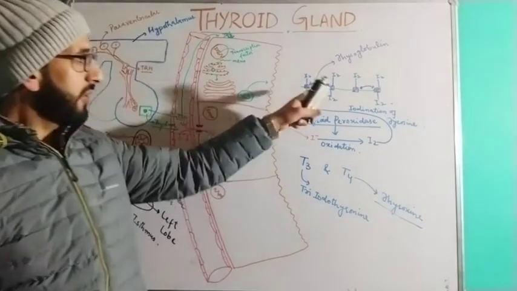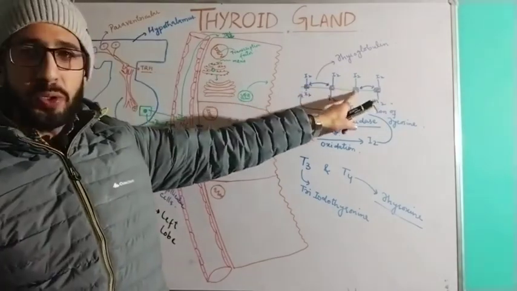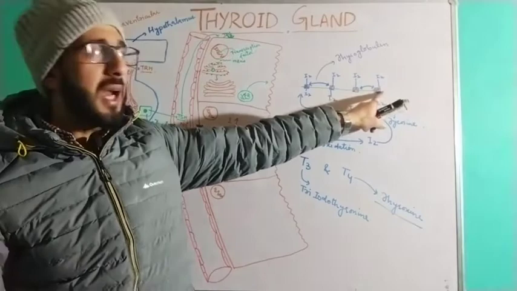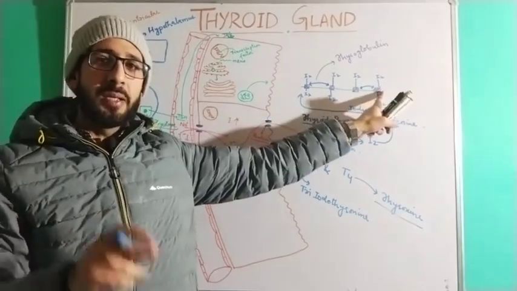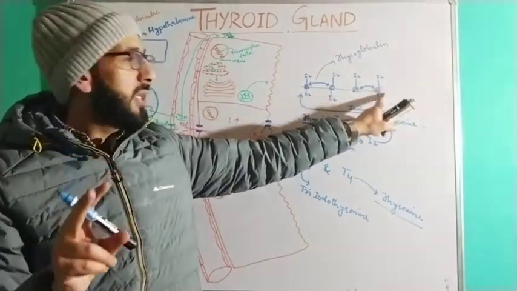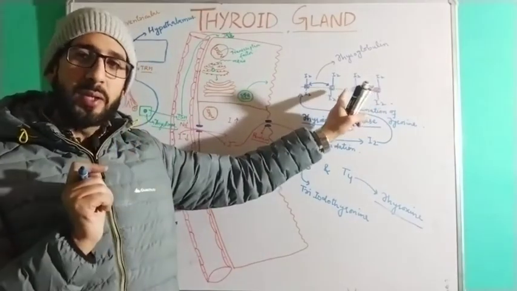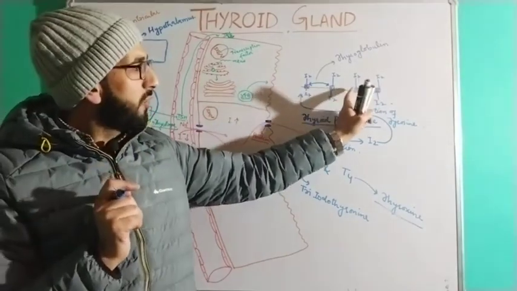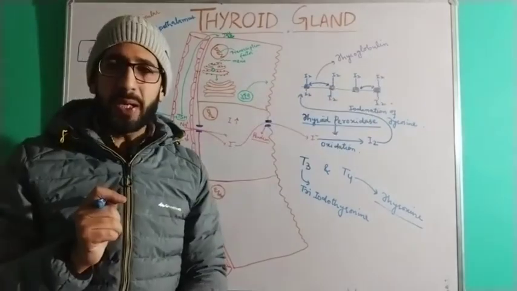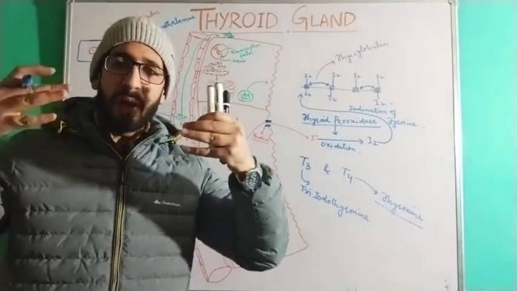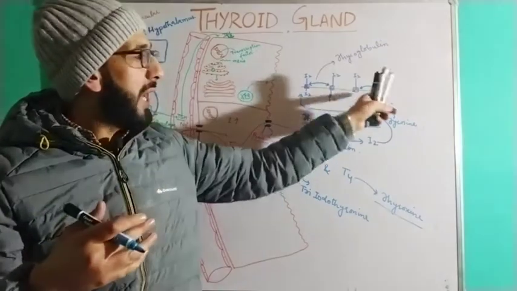Okay, now here we have seen monoiodotyrosine and here is diiodotyrosine. What does that mean? Two iodine are connected to one tyrosine and one iodine is connected to one tyrosine. Now we have coupled both these together. We have bound these two tyrosine together.